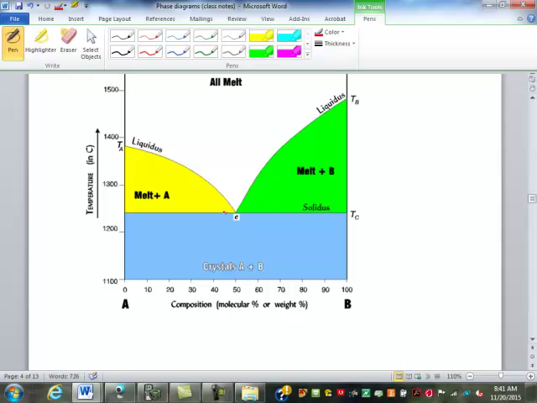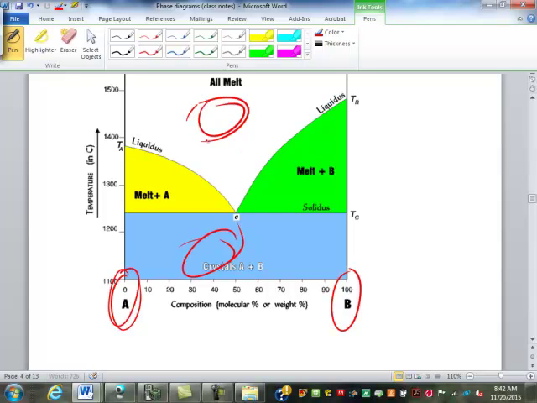This is just a hypothetical substance. This is pure substance A, this is pure substance B. Here it's all liquid, up here it's all solid, up here it's all liquid. Here it's a mush, and here it's a mush. But here, even though it's a mixture of the two substances, it goes directly from solid to liquid.